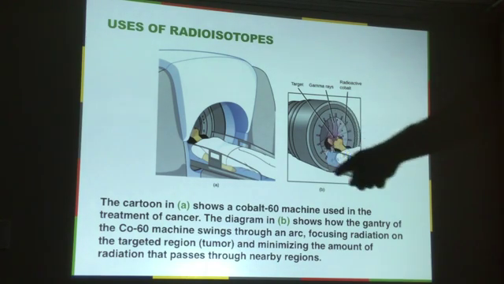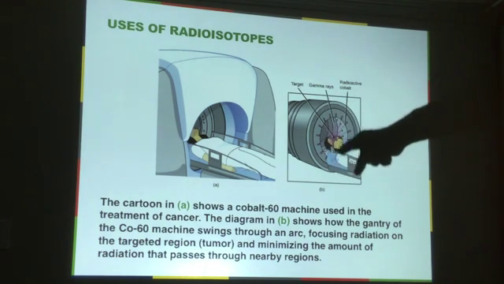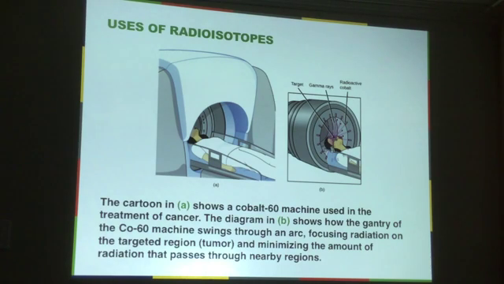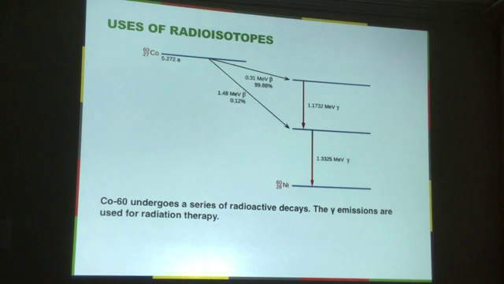It actually goes in 360 degrees, and the depth of penetration is based on the amount of shielding put on the patient. And it's directed in such a way as to try to minimize the exposure of normal tissue to the radiation. Cobalt-60 actually undergoes 2 degradations, and in each degradation the gamma emissions are used as radiation treatment or radiation therapy.